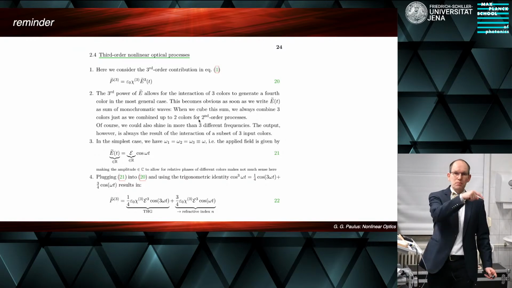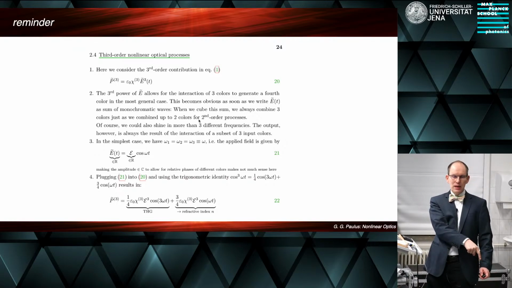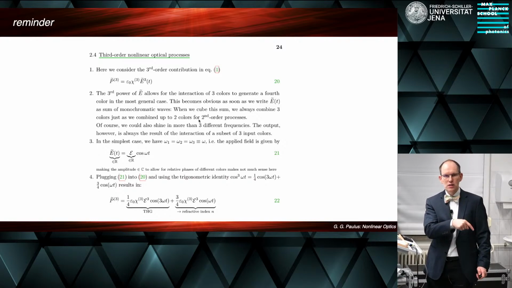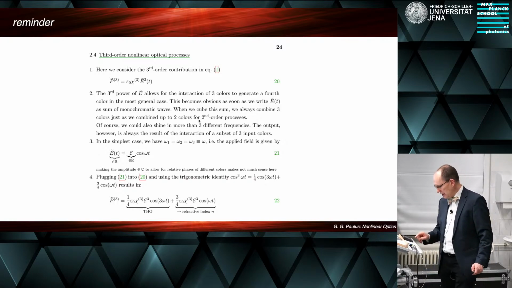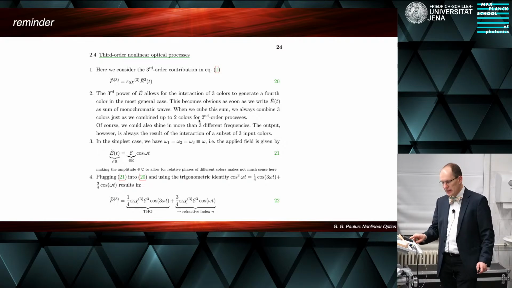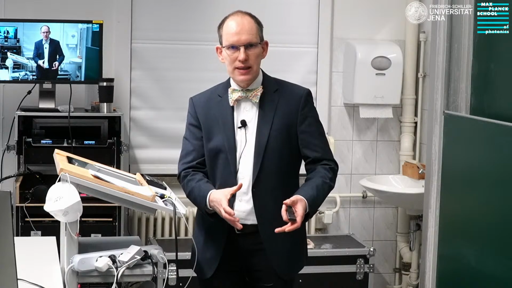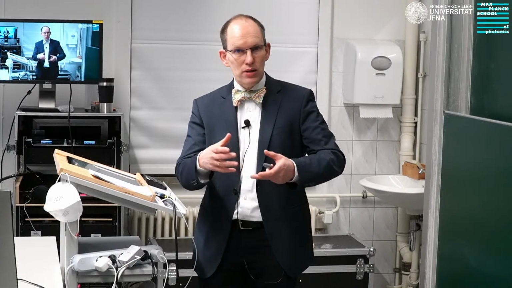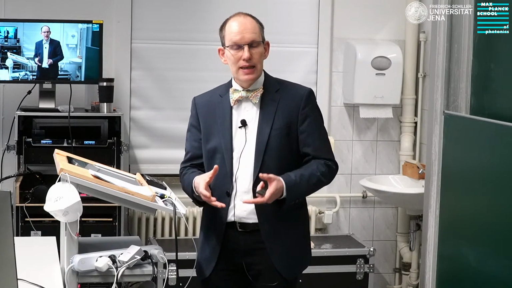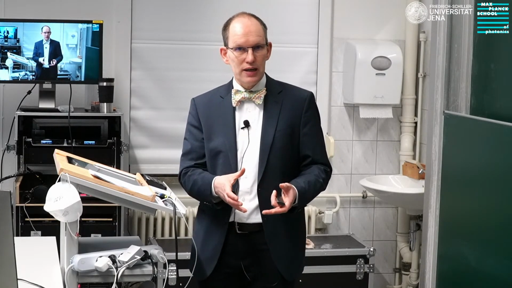And now if you go back to the very beginning, not just chapter 2, but chapter 1, then you notice that we actually said that the polarization that's oscillating at the fundamental, at the frequency omega, gives rise to the refractive index.